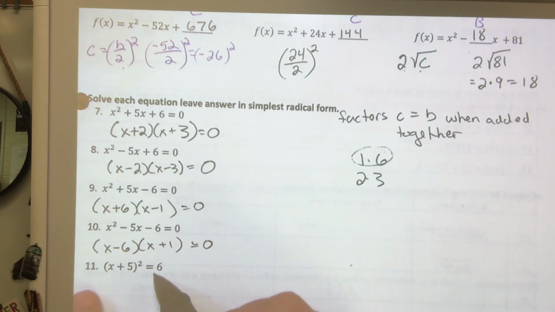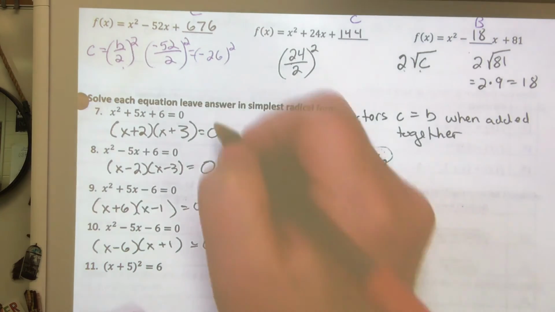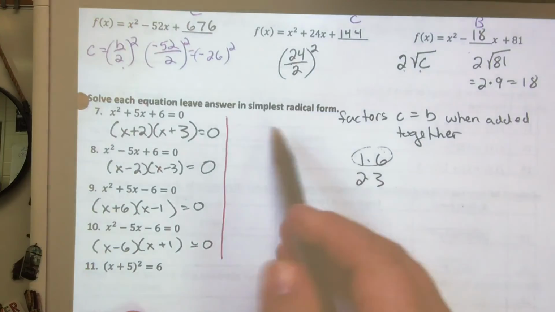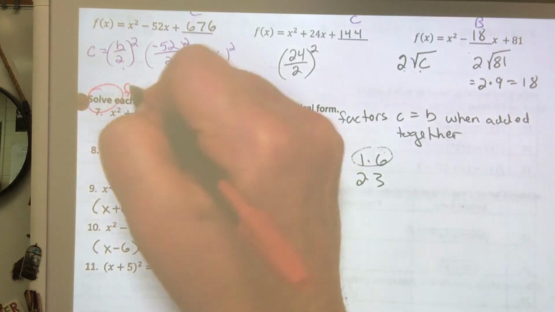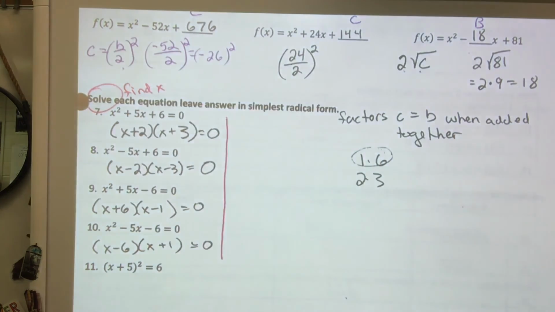Now since this number 11 is a little bit different, I'm going to pause before I do it, because there's a second part. It wants to solve. When it says solve, that means we need to find x, or our zeros, or our solutions, or our roots.